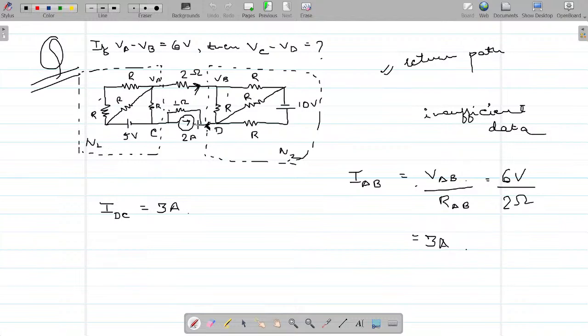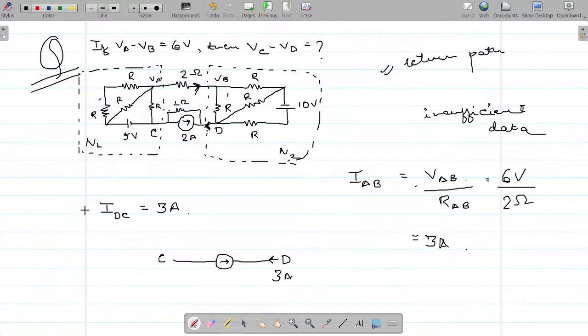Right? Now, I am just magnifying this part for you. This is point C. This is point D. So far we know the current from D to C is what? 3 amperes.